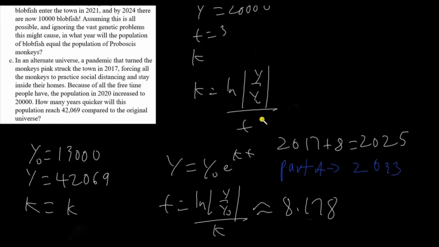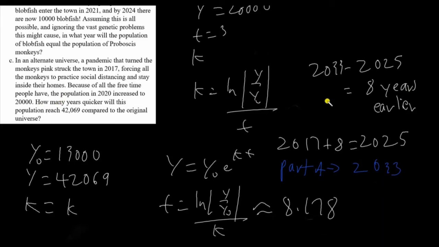So the difference between these two parts is 2033 minus 2025, which is 8 years earlier. So this new population, because of the social distancing stuff, again, I'm not going to get into the details, reached this population of 42,069 8 years earlier than the original population would.